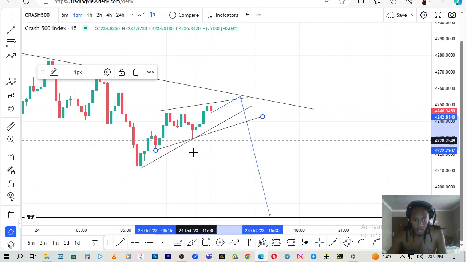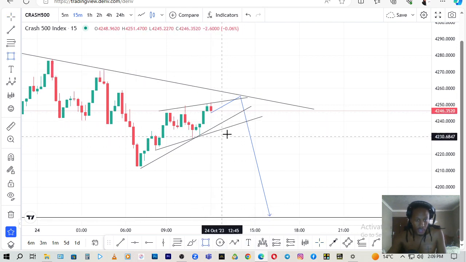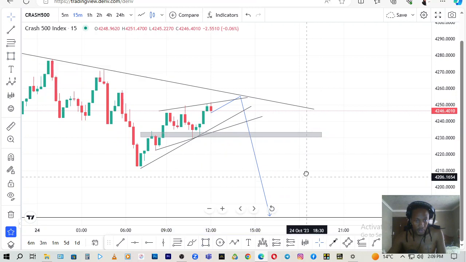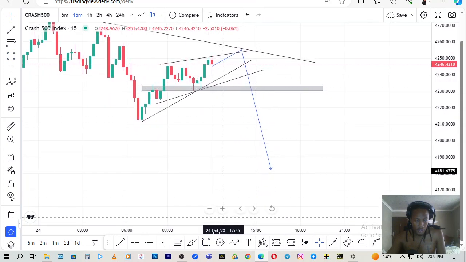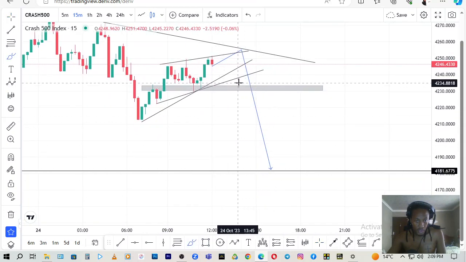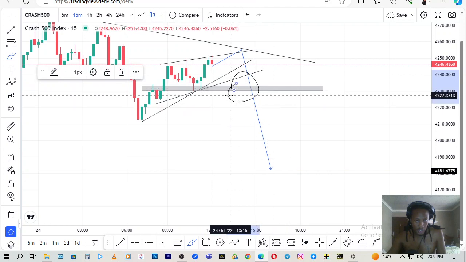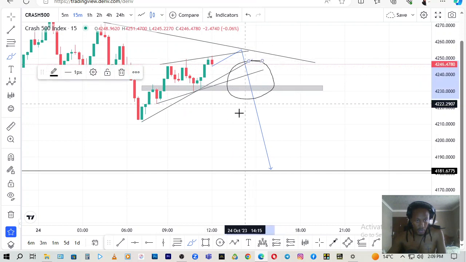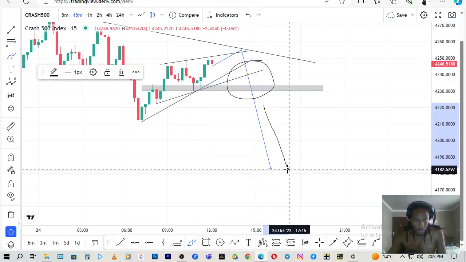So if ever the market breaks both lines, these two diagonal lines over here, and also breaks this level over here, actually, let me just highlight everything. If ever it breaks this level over here, it's definitely coming to this level.